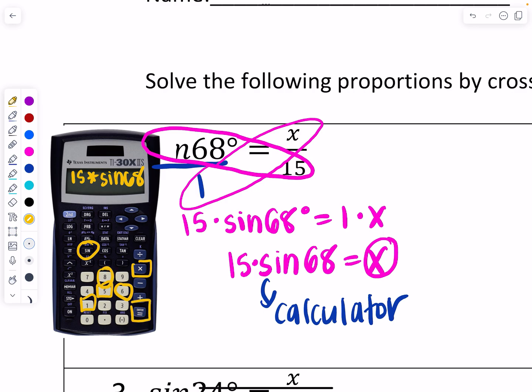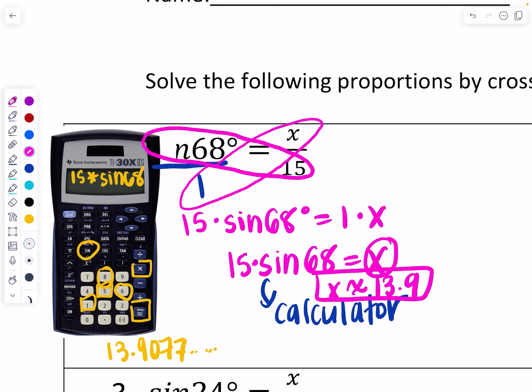And when you do that, you're going to get 13.9077, and it keeps going. So when we round that to our nearest tenth, that's going to be about 13.9. So x is going to be about 13.9.